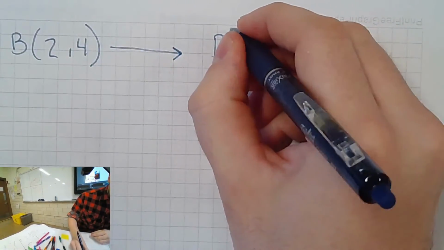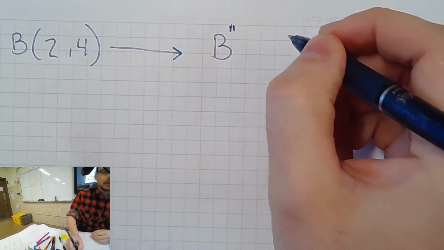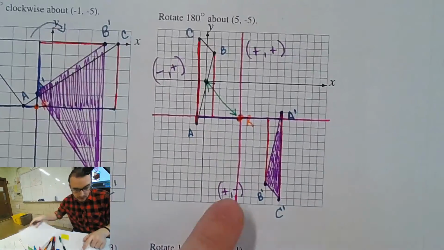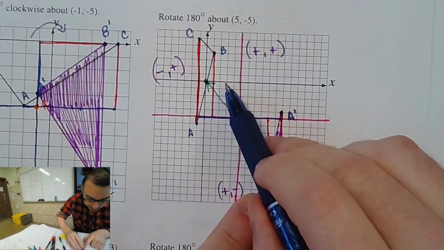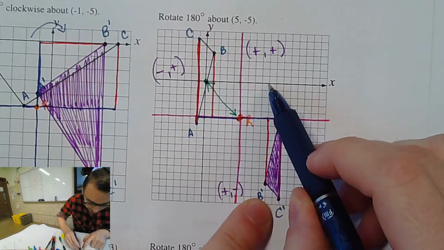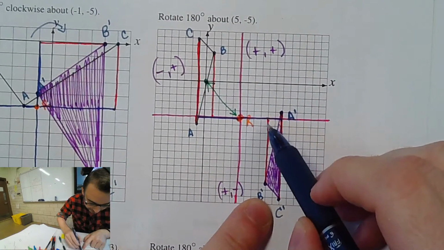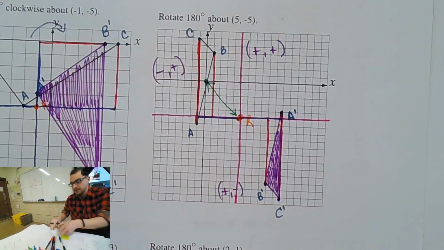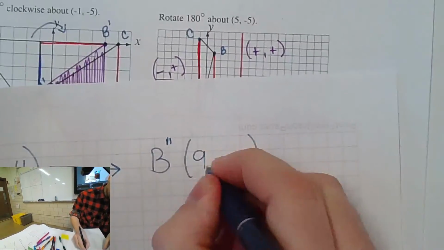In fact, let's call it B double prime because we're going to make a pit stop on the way. Its coordinates, we found out, were here, and that's 9 over and 14 down.